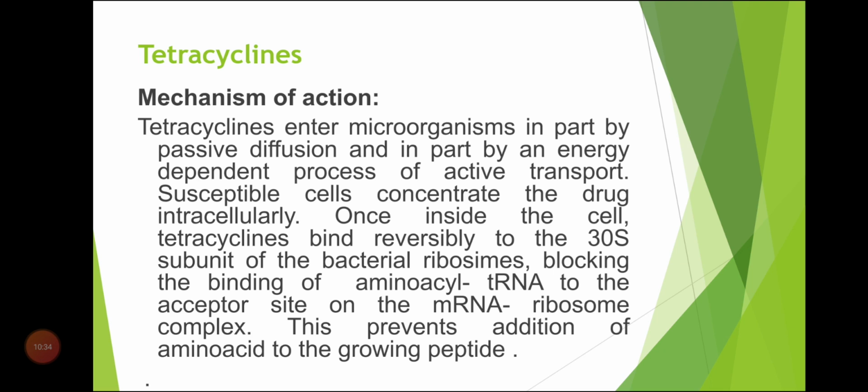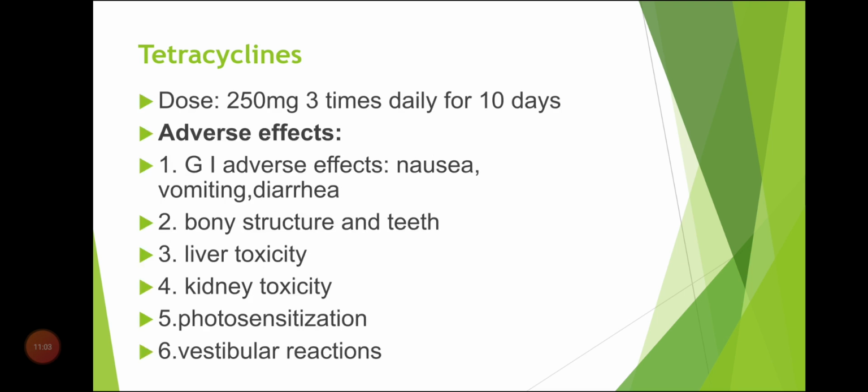Once inside the cell, it binds reversibly to the 30S subunit of the bacterial ribosome, blocking the binding of amino acyl tRNA to the acceptor site on the mRNA ribosome complex. This prevents addition of amino acids to the growing peptide. In this way, tetracycline acts as an amoebicide.